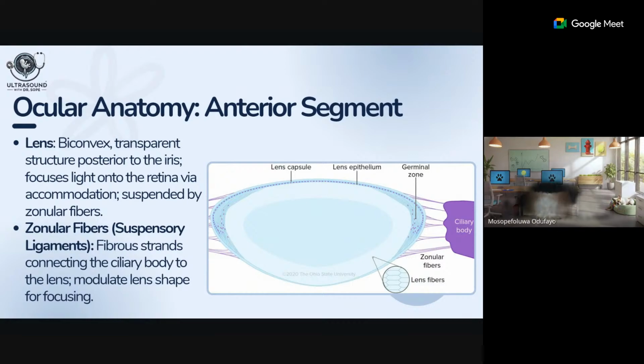That small space is bounded posteriorly by the lens and anteriorly by the iris. The lens is not just seated there, suspended freely. It is held by ligaments that arise from the ciliary body and hold it in place.